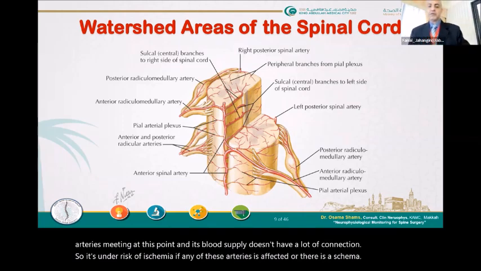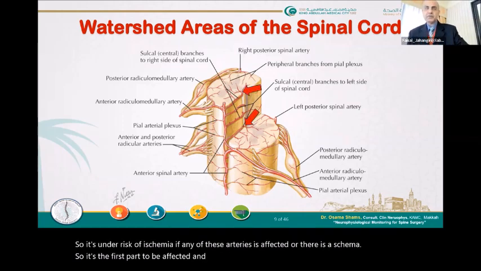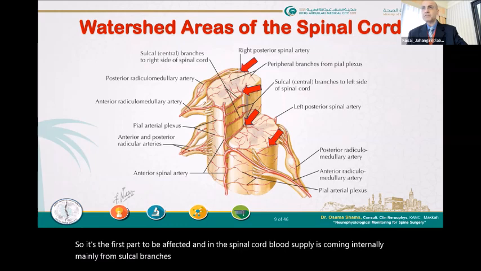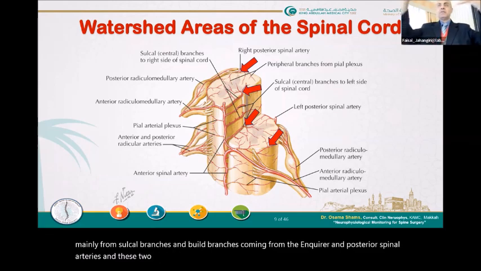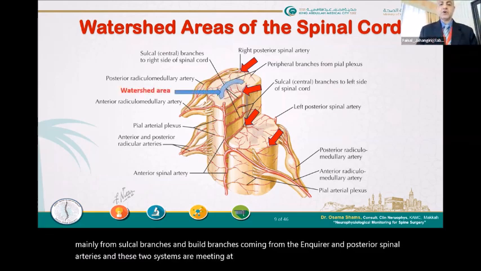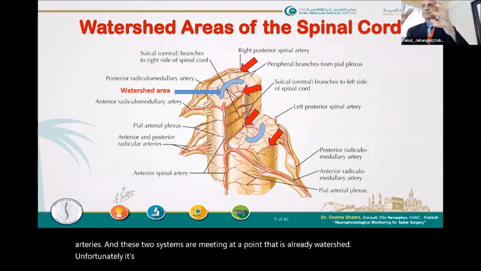So it's the first part to be affected. In the spinal cord, blood supply is coming internally, mainly from sulcal branches and pial branches, coming from the anterior and posterior spinal arteries. And these two systems are meeting at a point that is already a watershed. Unfortunately, it's around the gray zone that is metabolically very active.